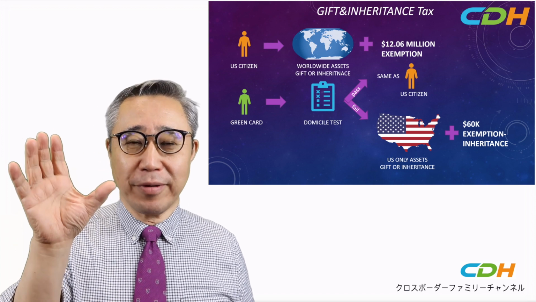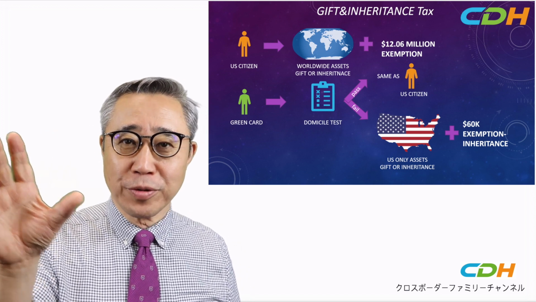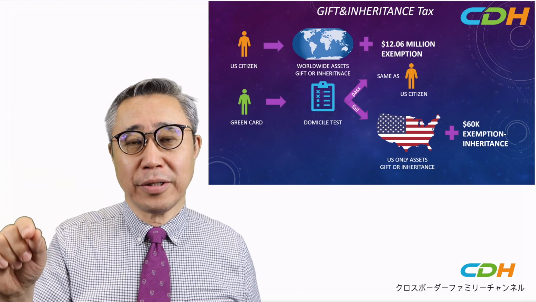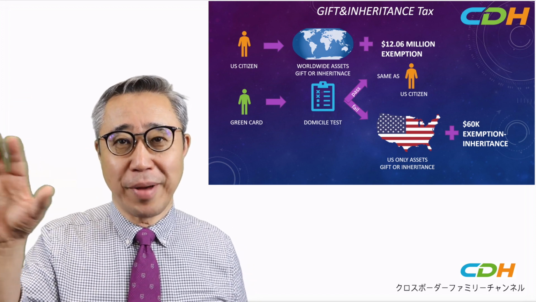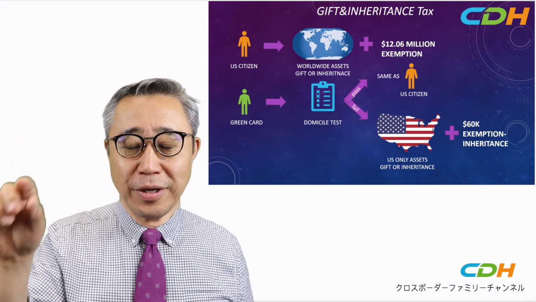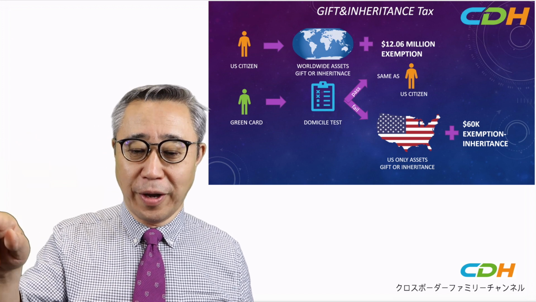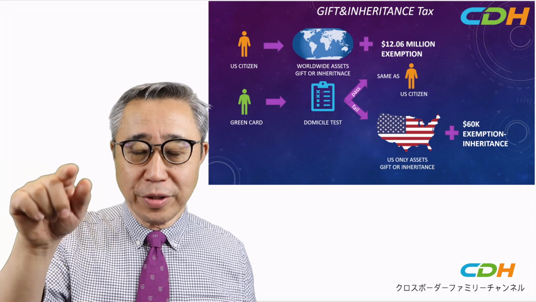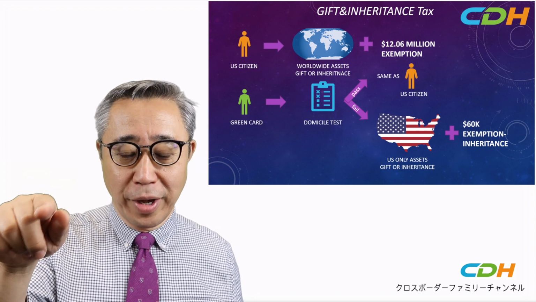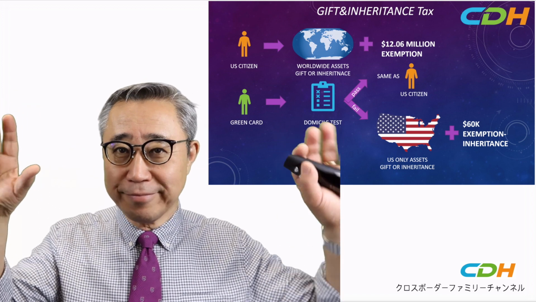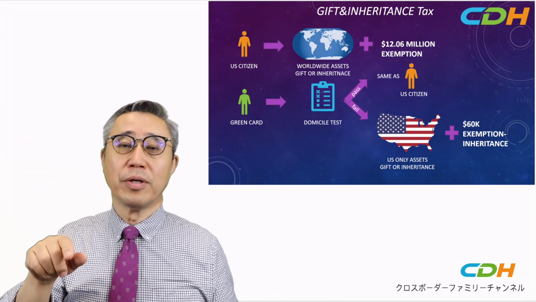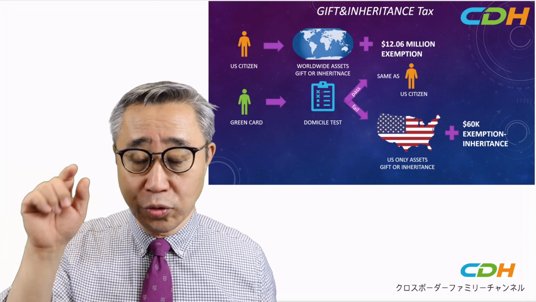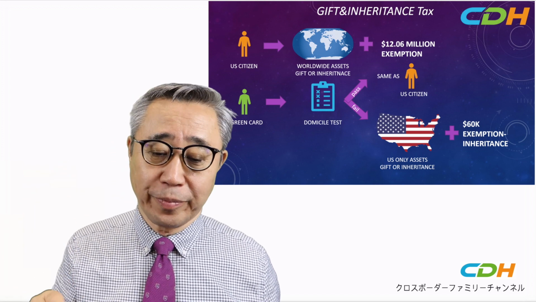So if I give my $500,000 home to someone, then $500,000 minus $16,000 and the balance, whatever number it is, then gets taxed. Okay. In the U.S., if you are domiciled in the U.S., you can use the unified credit of 2022's 12.06 million.